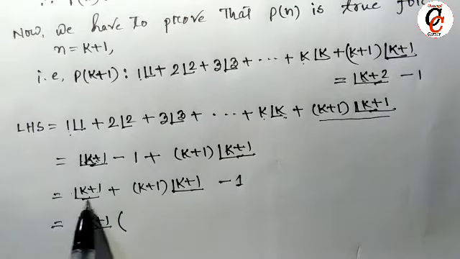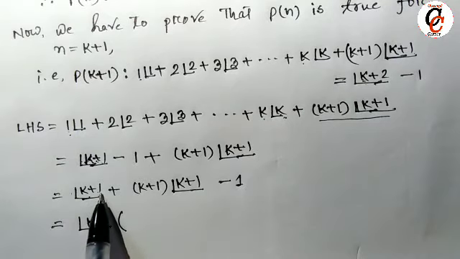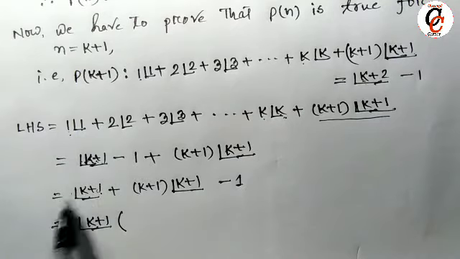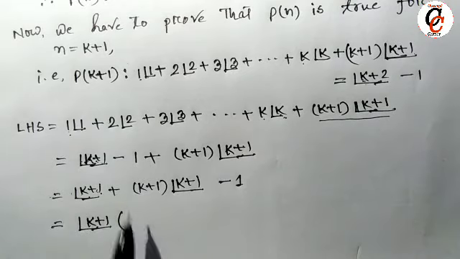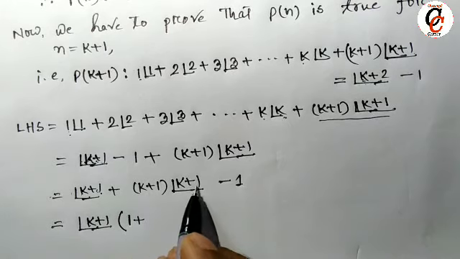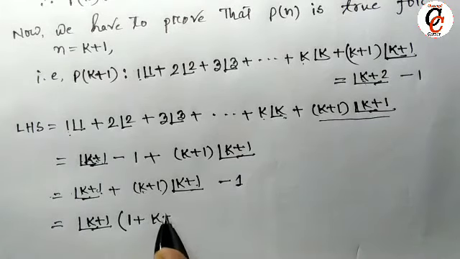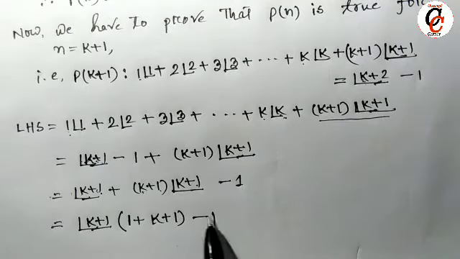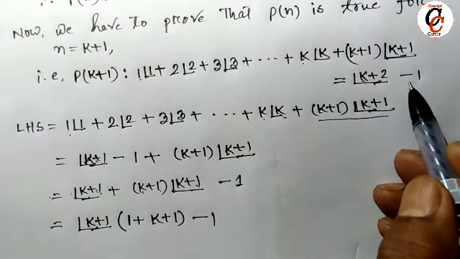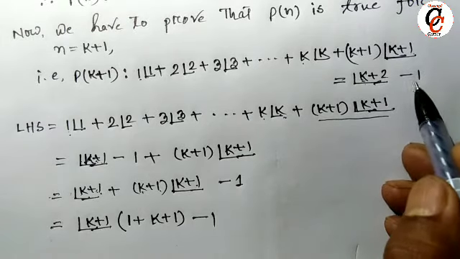Here nothing remains, that means 1 remains. And here factorial k plus 1 comes out, only k plus 1 remains. Then minus 1. This minus 1 is extra. Don't do anything with it because we need minus 1 on the right hand side.